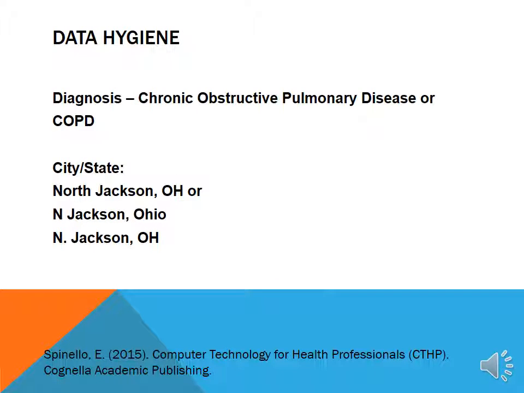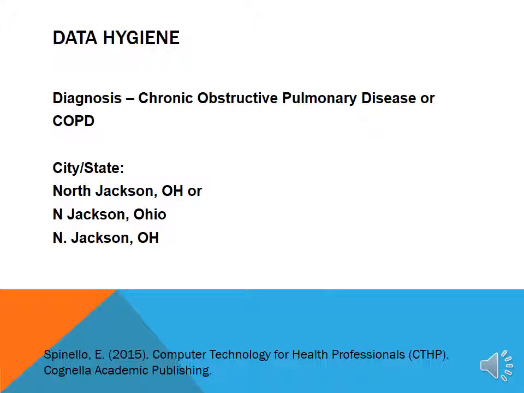Just a little bit on data hygiene, and data hygiene is a concept which really depicts the degree to which the database contains errors. We would like data to be error-free. We want the data in our database to be error-free. We would like it to be consistent so that it's always entered in the same type of a format.